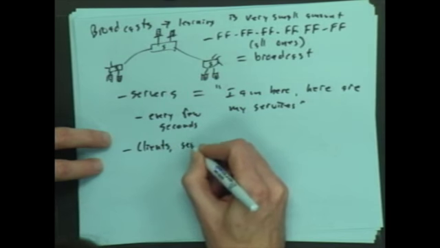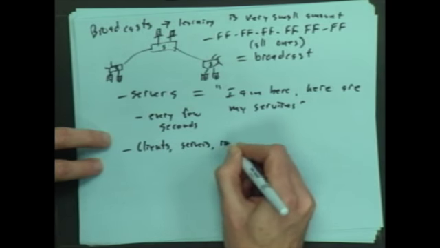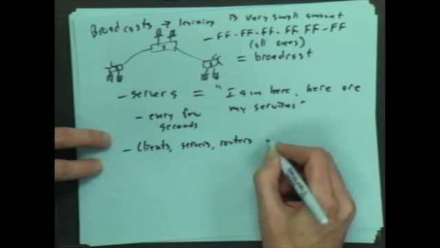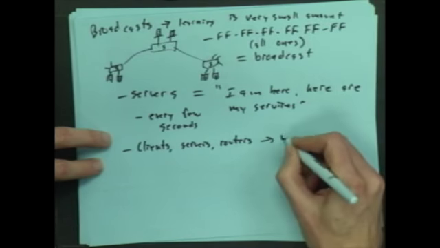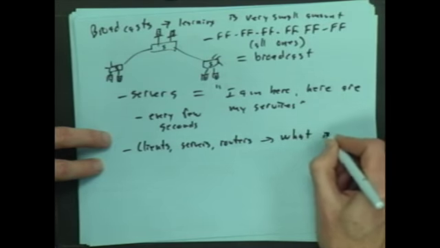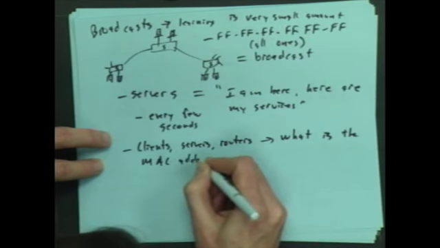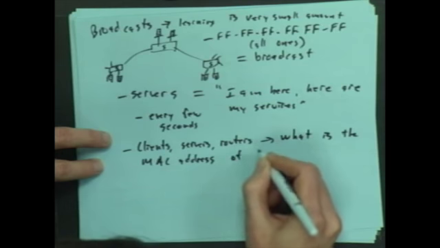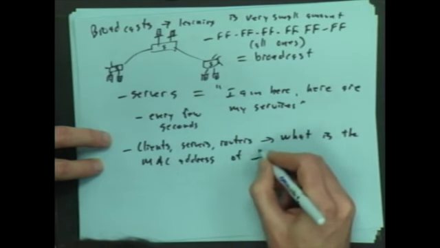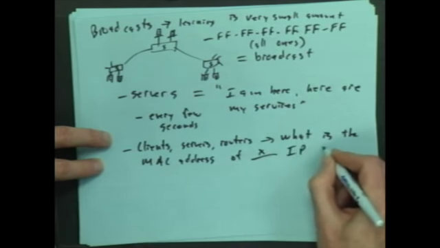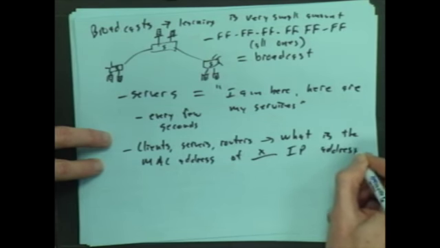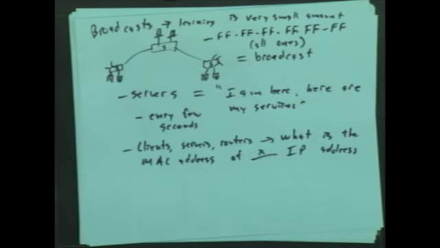clients, servers, and routers. They send out a thing called, what is the MAC address of, we'll just put X IP address. Okay? We'll get more into IP addresses and how that works in a little while.